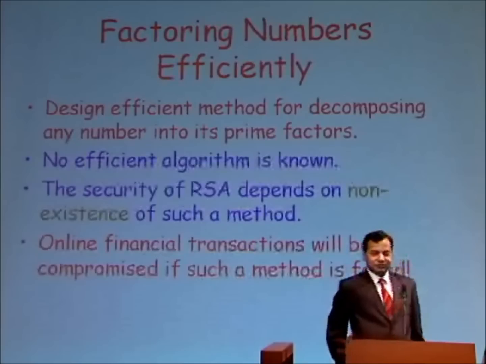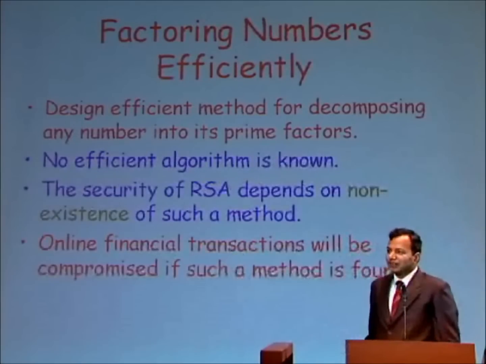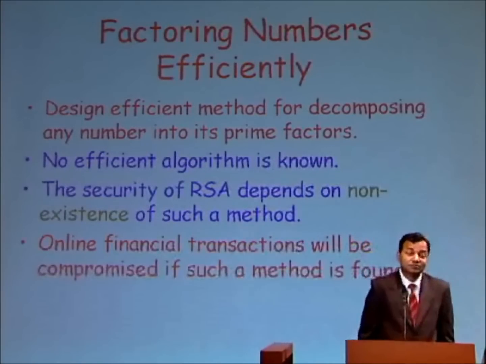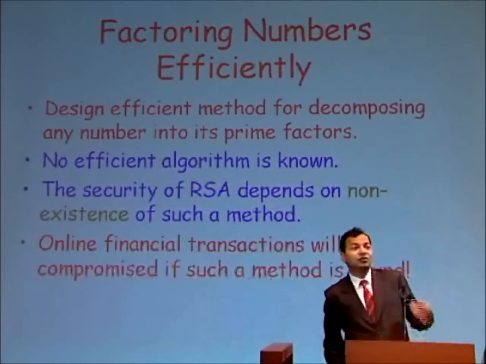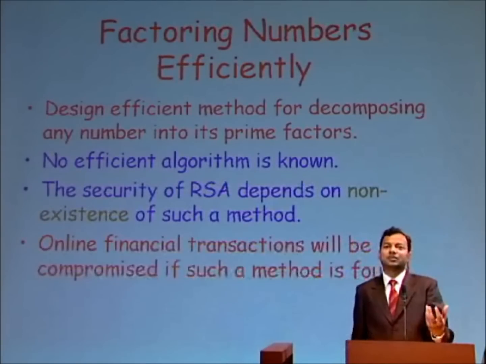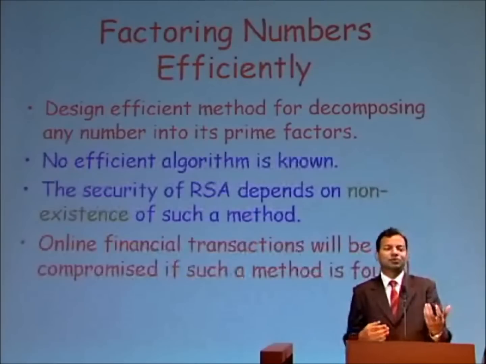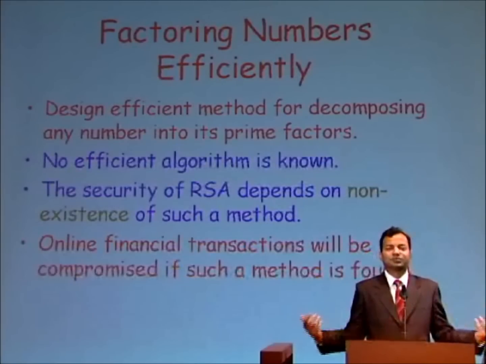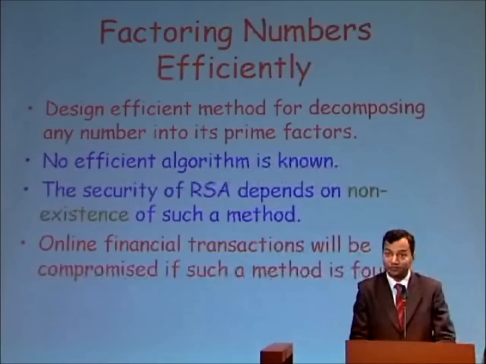Another very interesting question. We know how to test if n is prime efficiently, but we do not know how to factor composite numbers efficiently. That is, given a composite number, compute all its prime factors. We don't know how to do that efficiently.